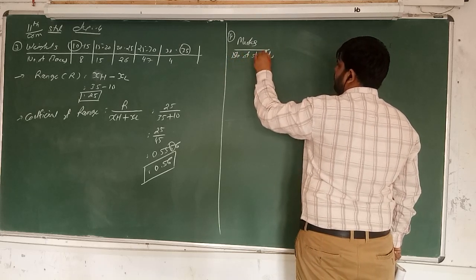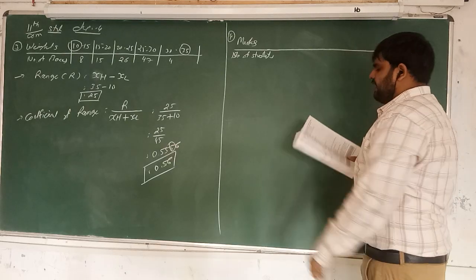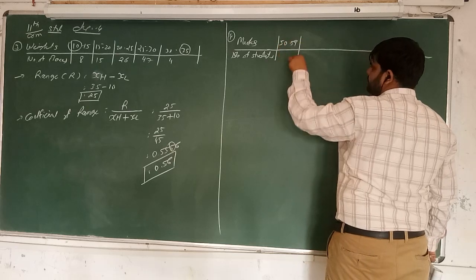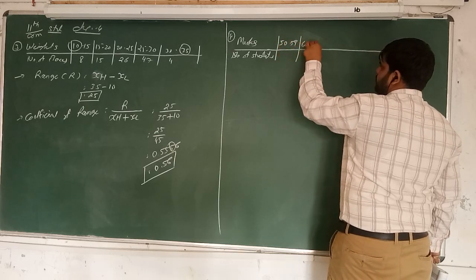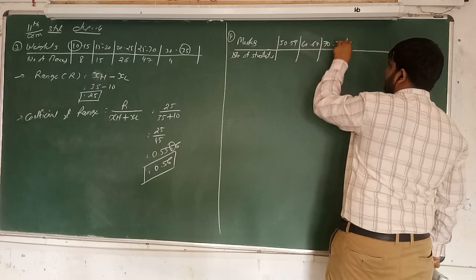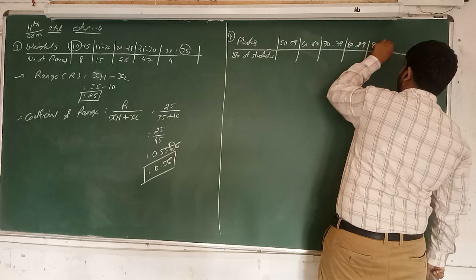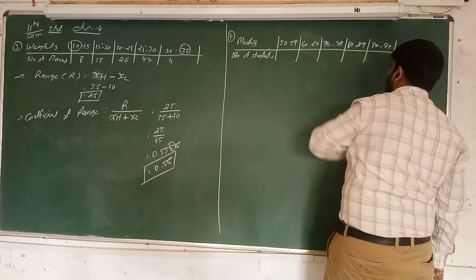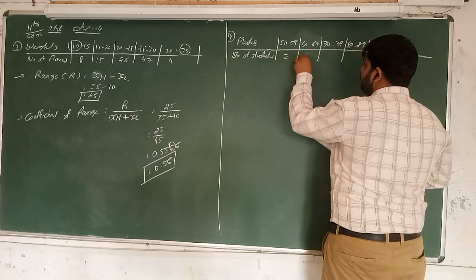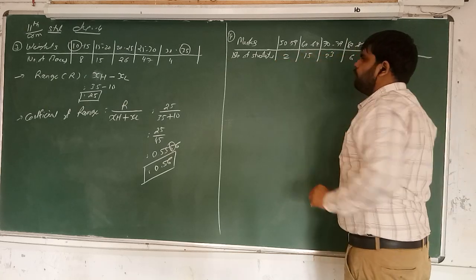The marks classes are 50 to 59, 60 to 69, 70 to 79, 80 to 89, 90 to 99, and the number of students is 2, 15, 23, 6 and 4.